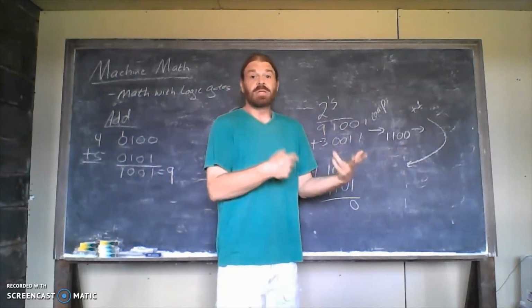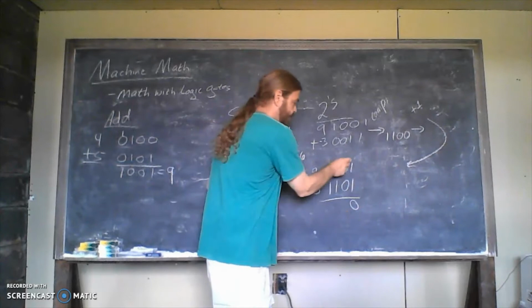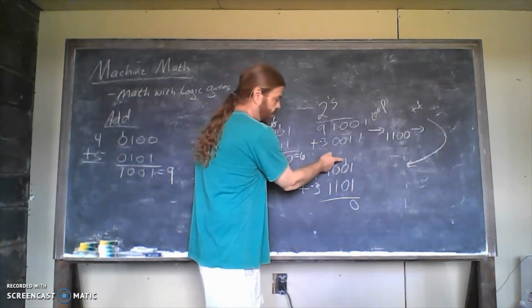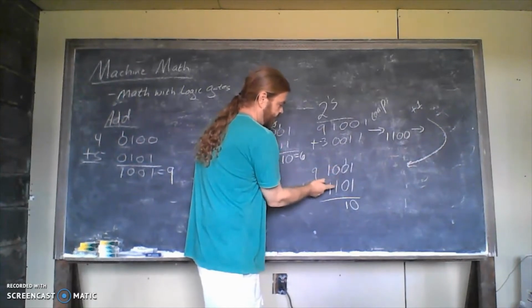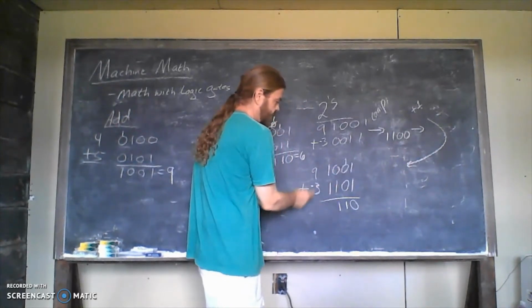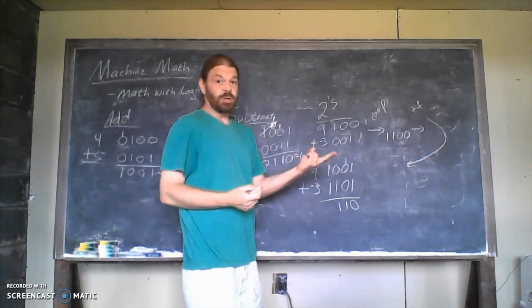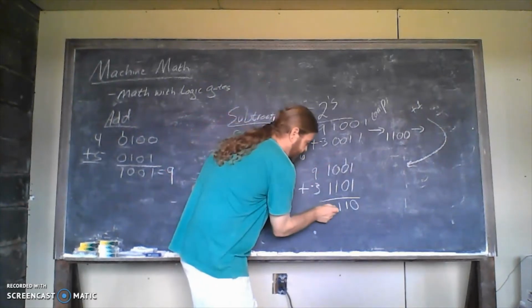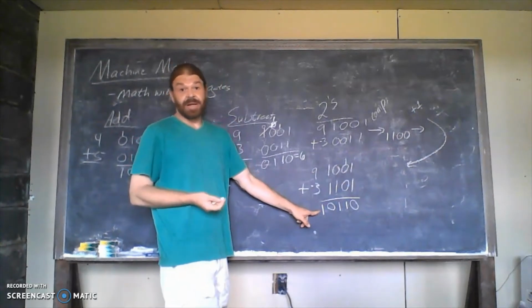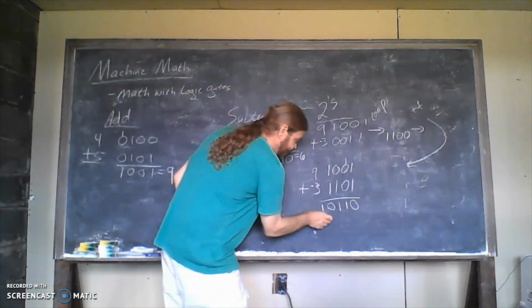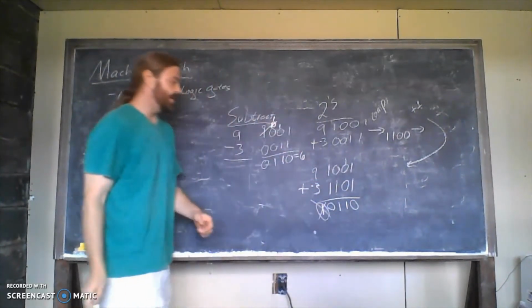In binary, that's 1, 0. So it's a 0, we carry a 1. 1 plus 0 is 1. 0 plus 1 is 1. 1 plus 1 is 2 again, which is 0. We carry the 1. And in 2's complement, we'll always have an extra bit, so then we just disregard that last bit.